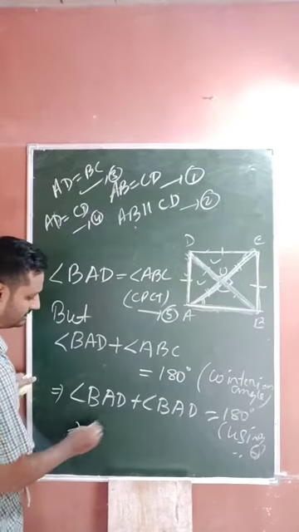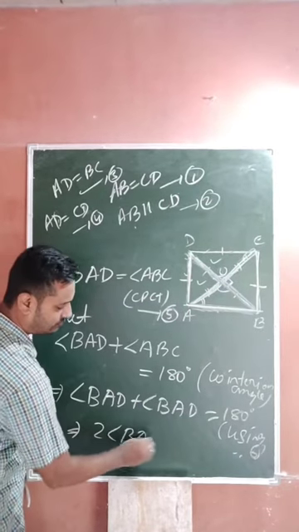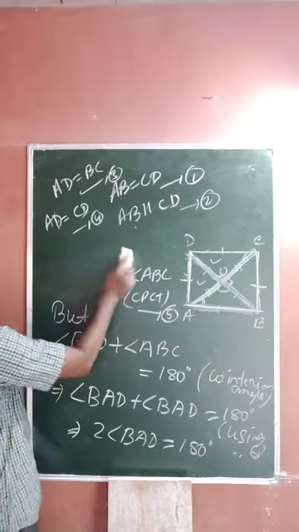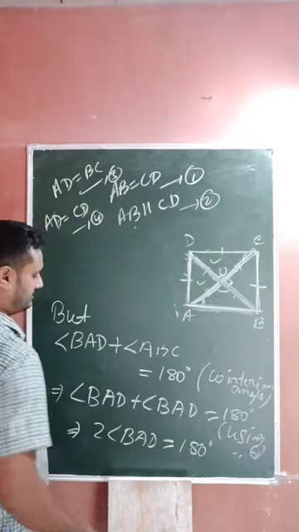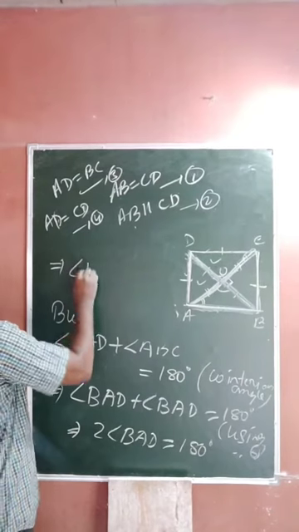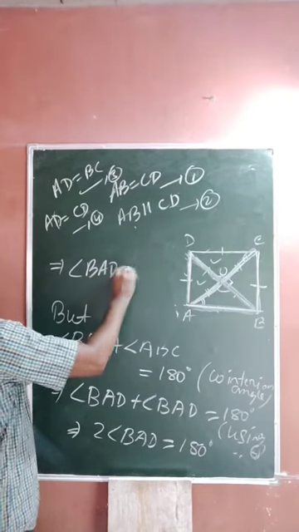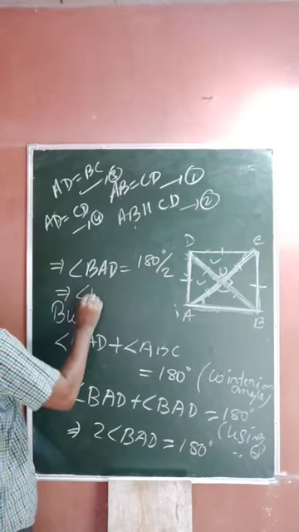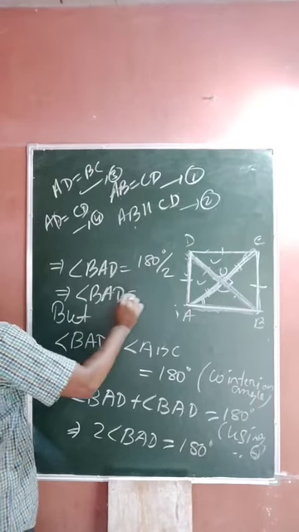So 2 BAD is equal to 180 degrees. So BAD is equal to 180 degrees divided by 2. So BAD is equal to 90 degrees.